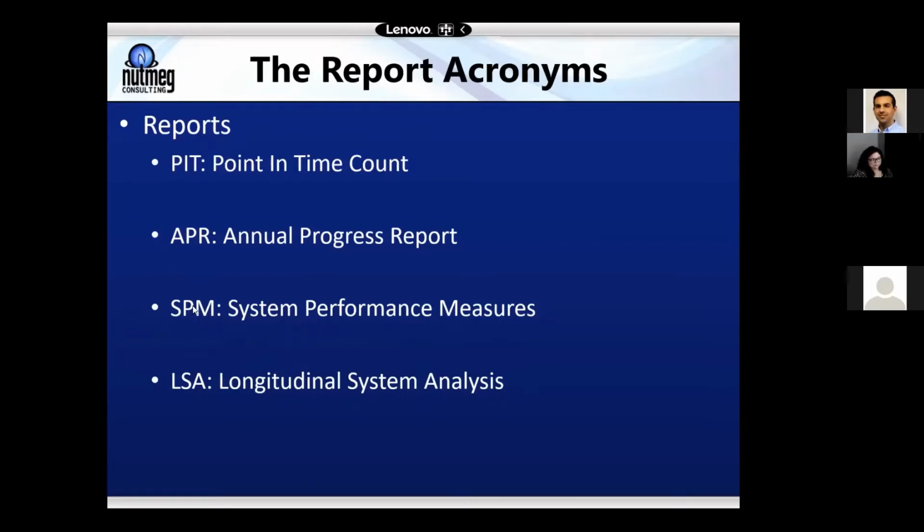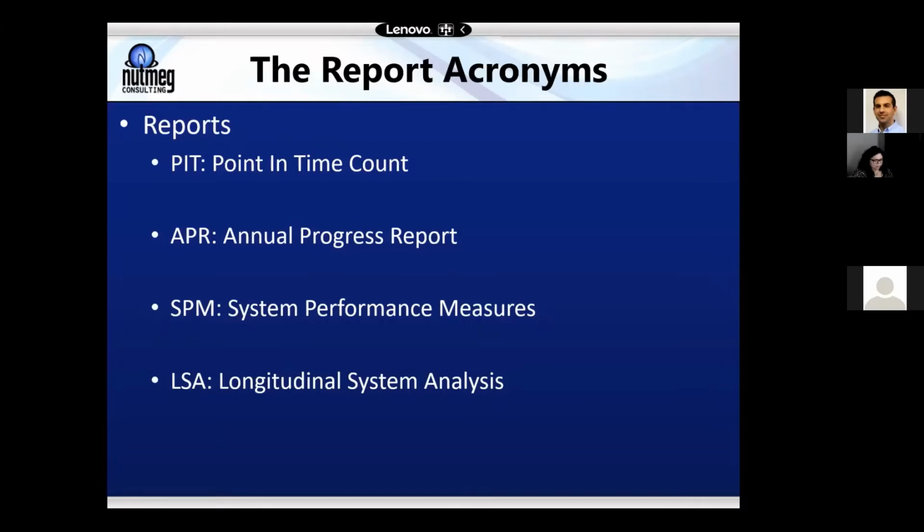These two, system performance measure and LSA, longitudinal system analysis, many of you probably really don't have a lot to do with, other than getting an email possibly from people at MARC or your COC saying, hey, we need you to fix this data so we can improve our SPM data or LSA data.